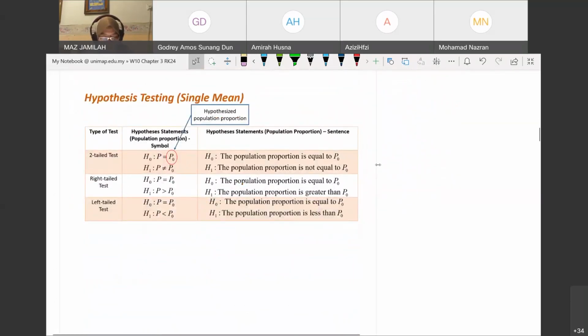It is almost the same as population mean, except that the notation refers to the proportion of your population. So remember, it will always reflect the population, because this is the one that we are trying to infer using the sample evidence.